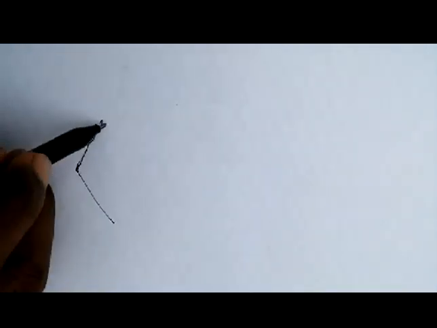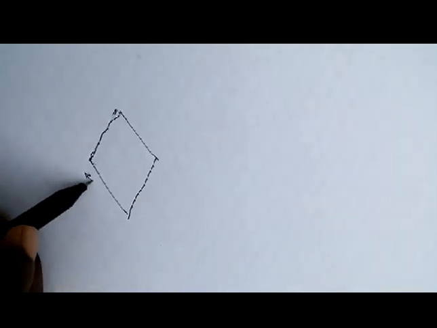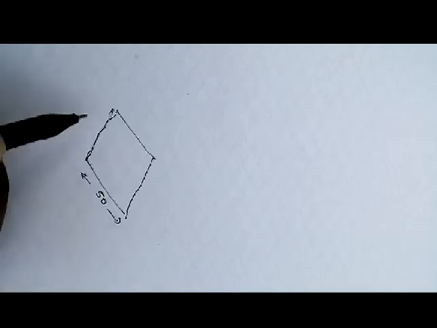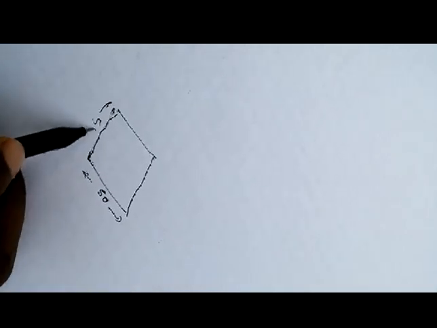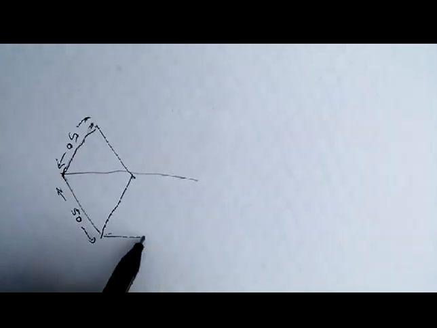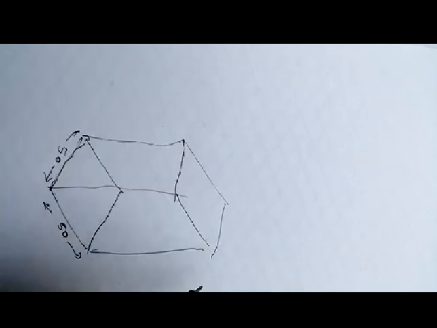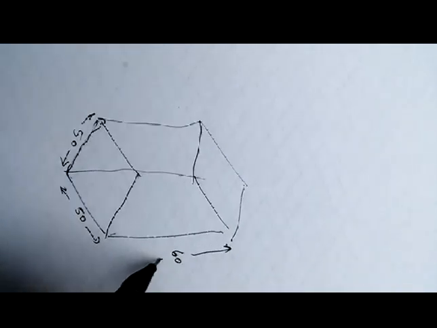So this is the bottom square prism of dimension 50 by 50. Height of the square prism is 60.